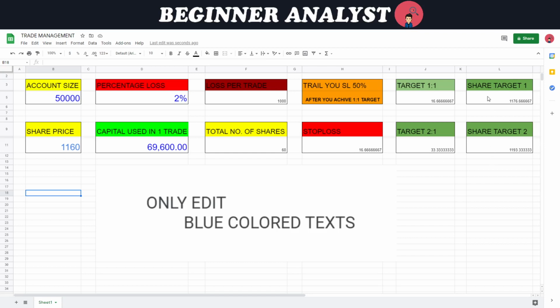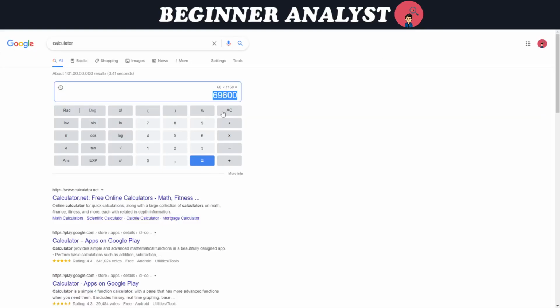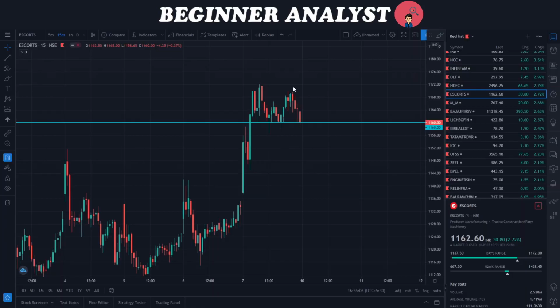Target 2 is 33 rupees, as it is 0.33, it's below 5, so we'll average to 0. Also here I have given the targets, share target 1, share target 2. So let's put it now, coming back to the calculator. 1160 minus 17 comes to 1143. So we'll set 43 over here as our stop loss.